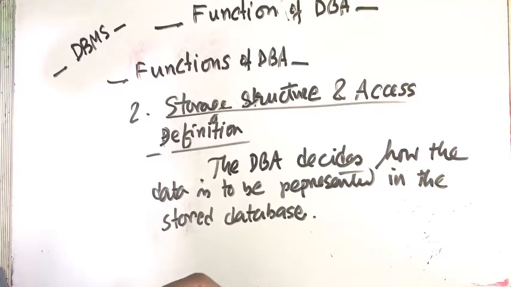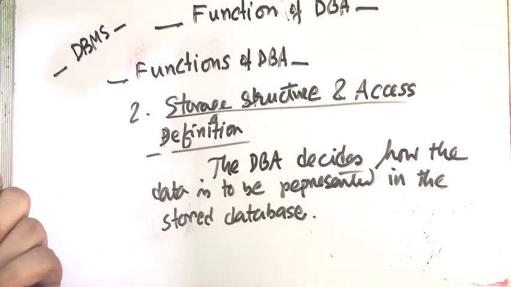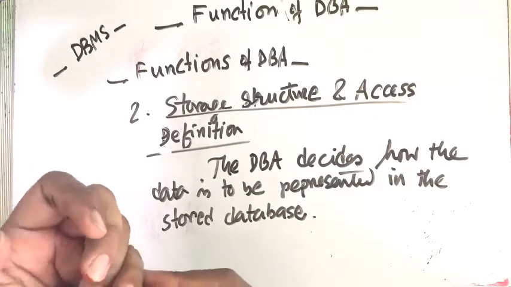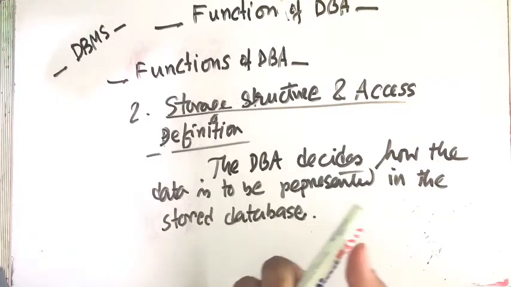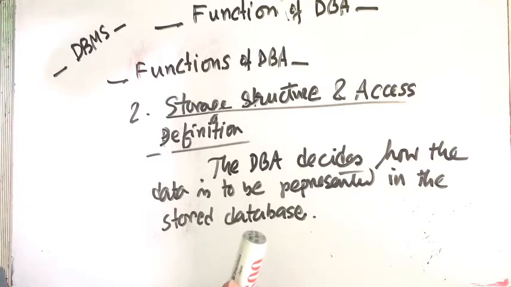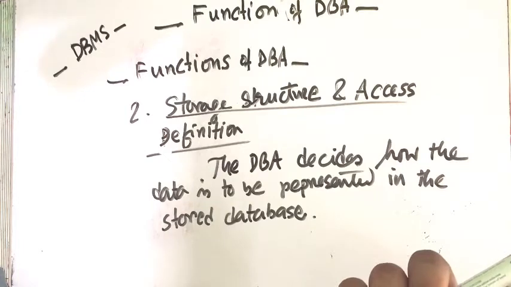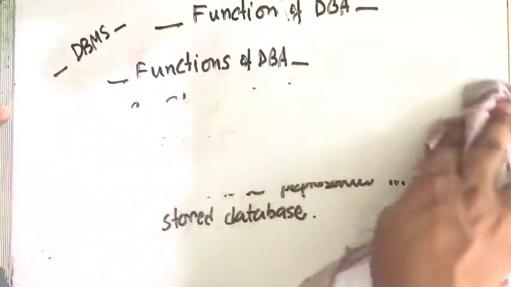It can be how much storage is required to specify every attribute, what are the types, what are the sizes of the data attributes. So all these things are decided by DBA. Second point is storage structure and access definition.